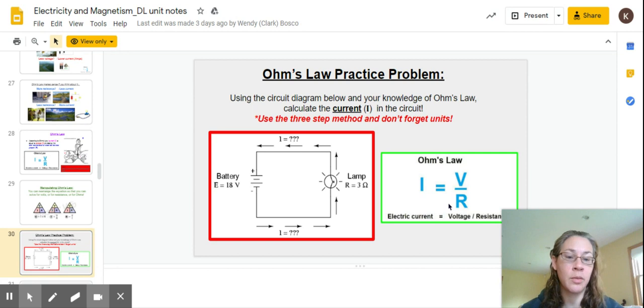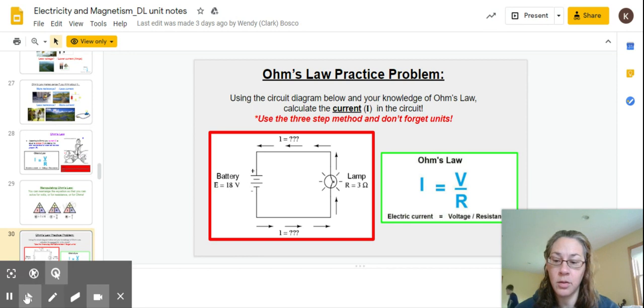Using the circuit diagram below and your knowledge of Ohm's law, calculate the current in the circuit. Use the three-step method. Step 1, identify all your variables. Step 2, plug them into the equation. And step 3, solve.